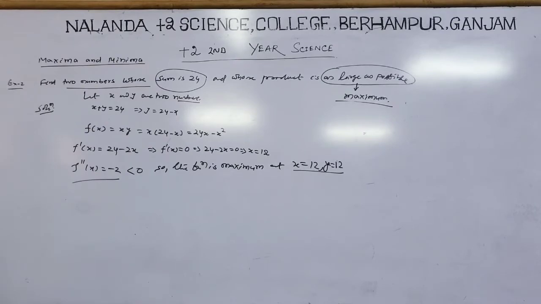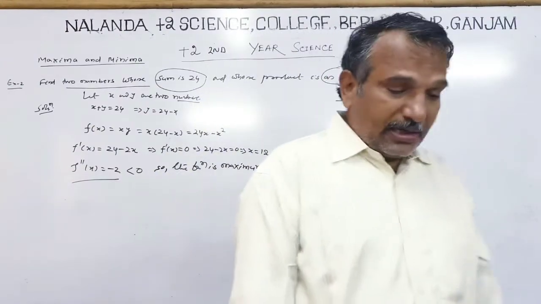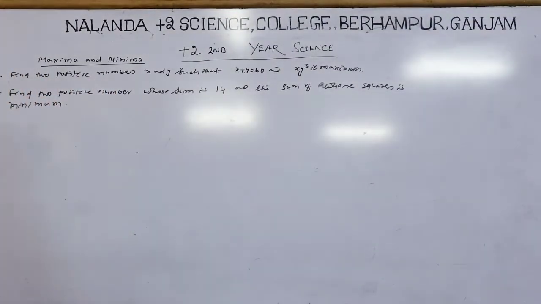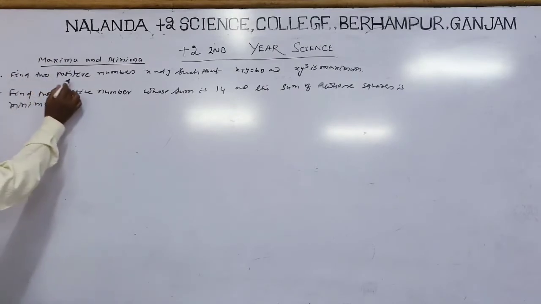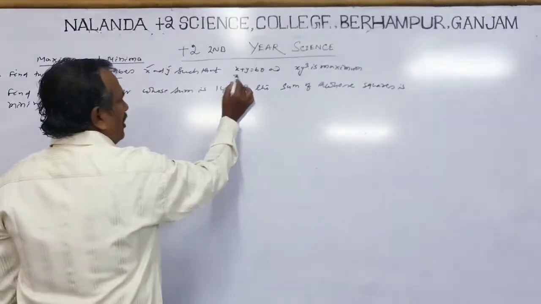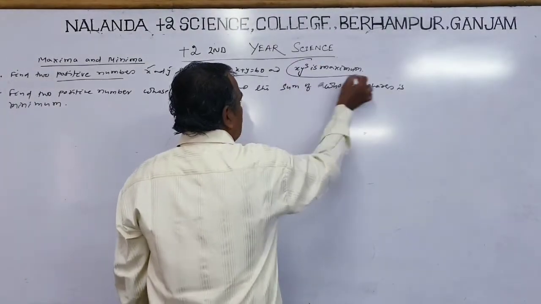Now the next one: find two positive numbers x and y such that the sum x plus y equal to 60 and x y cube is maximum.